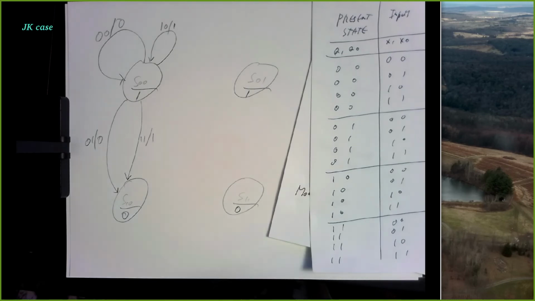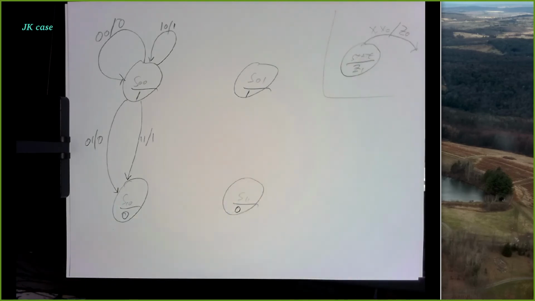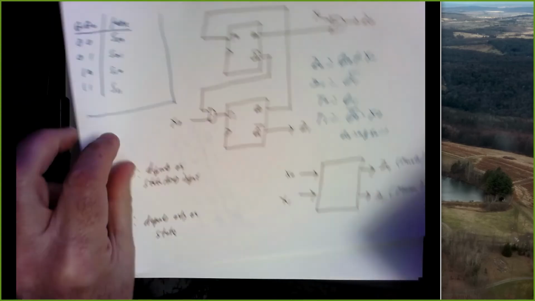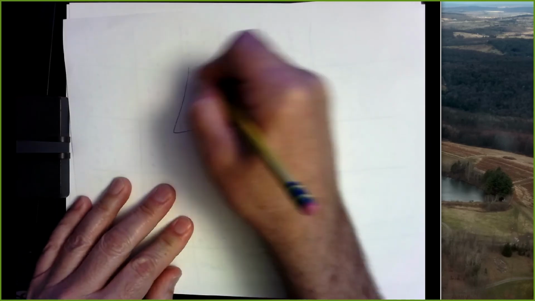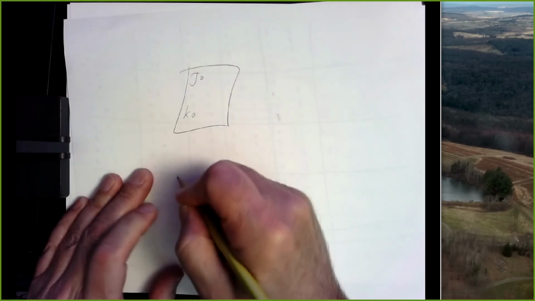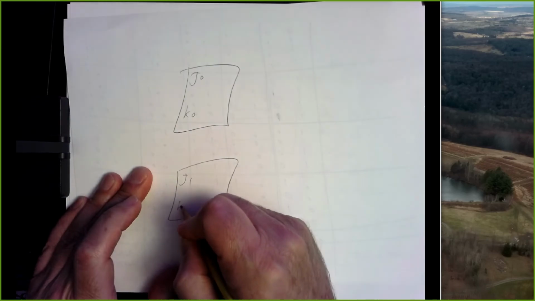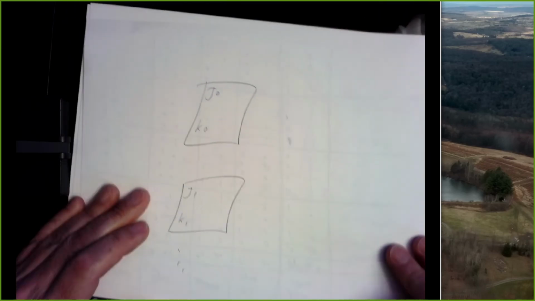Alright, we're not going to have time to do a JK case. There's some examples in the book, but if our original circuit had had JK flip-flops instead of T flip-flops, what changes? Well, we'd have a J0, K0. If we had 2 flip-flops, we'd have a J1, K1, and so on.